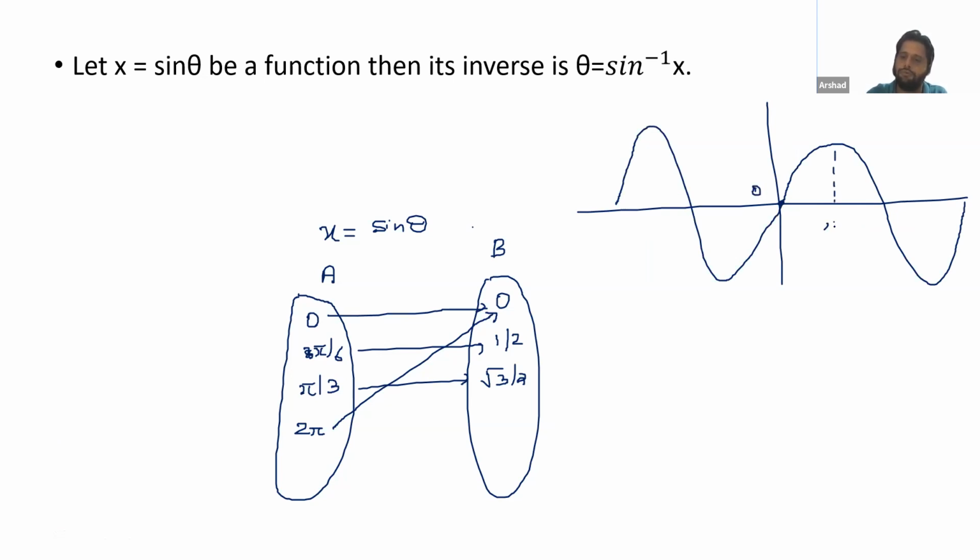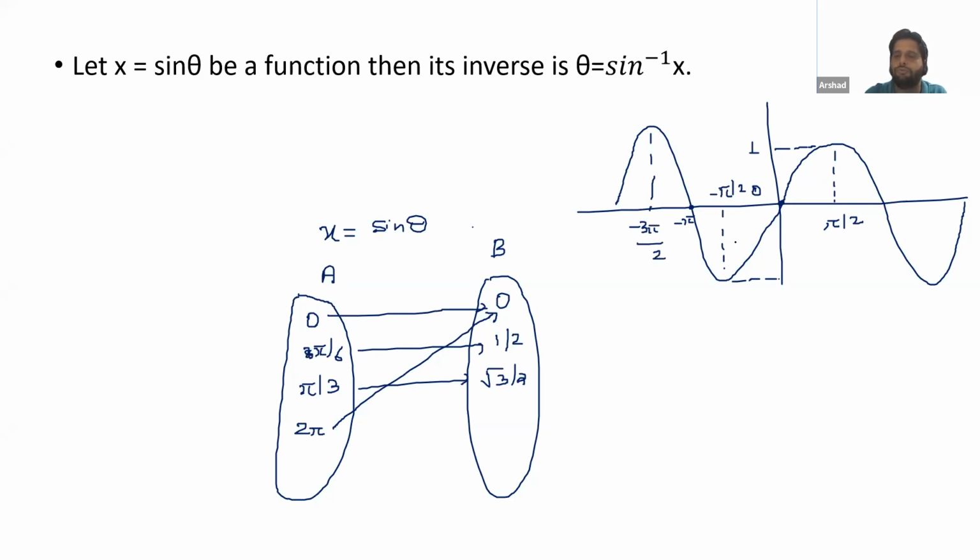This is pi by 2, because at pi by 2 you have the maximum value, which is 1. Then here you have minus pi by 2, and here you have minus pi. Here you have minus 3 pi by 2.